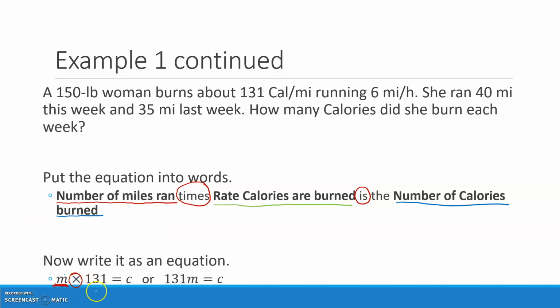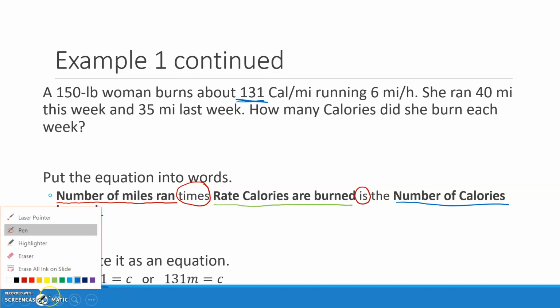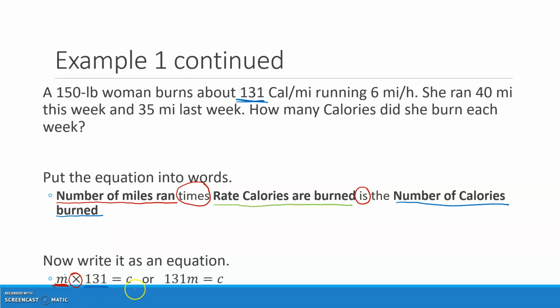The rate that the calories are burned, it tells us in the problem that she burns 131 calories per mile. And then the number of calories is equal to the number of calories burned. If you write it like this, I would accept that, but it's even better when we're doing multiplication to write it as the number and then the variable, just put them right next to each other. And that should look pretty familiar.